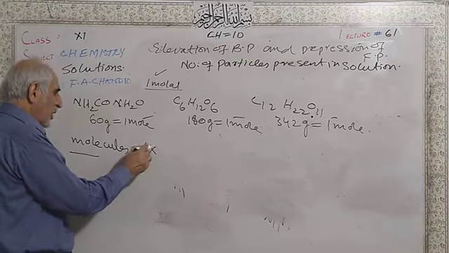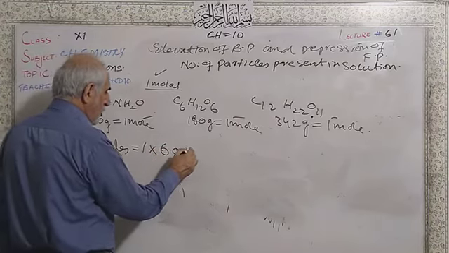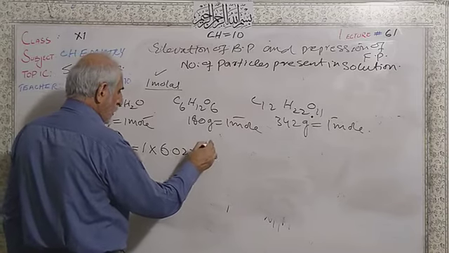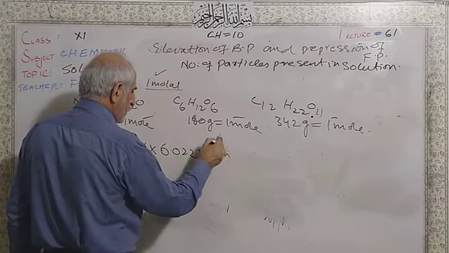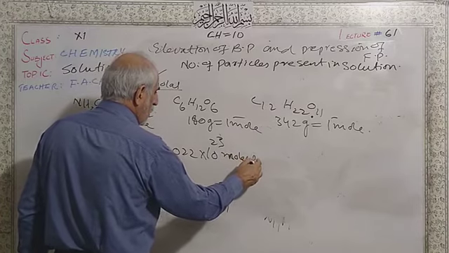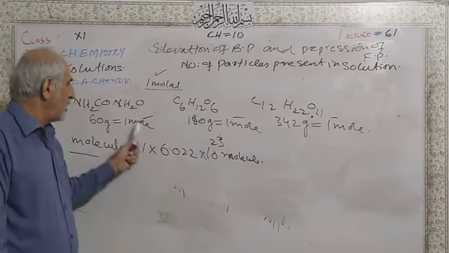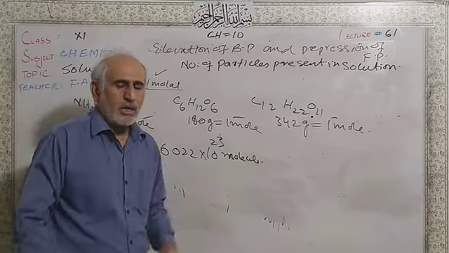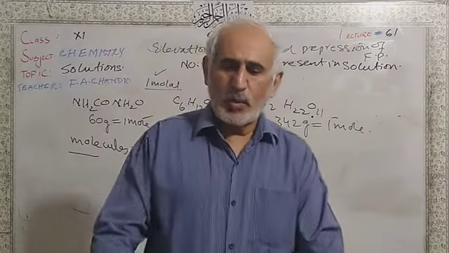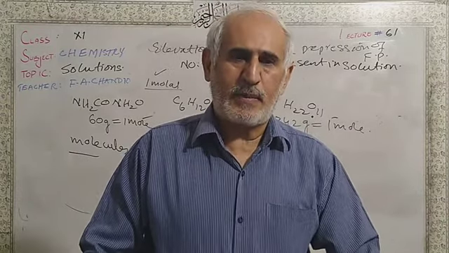That's why molecules equal number of moles multiplied by Avogadro's number. It means all these three compounds have the same particles.